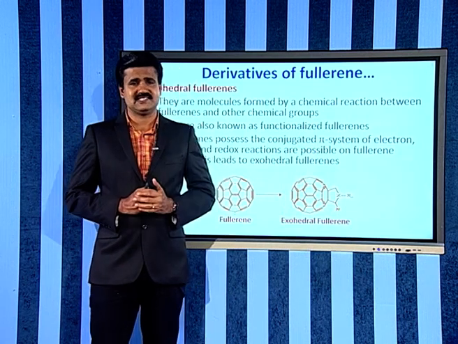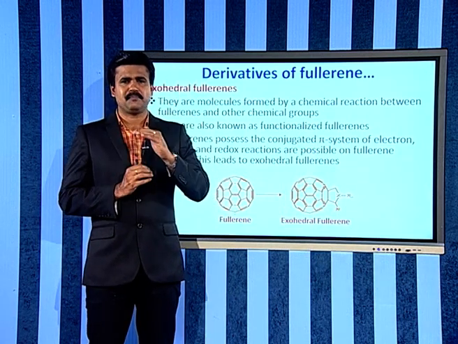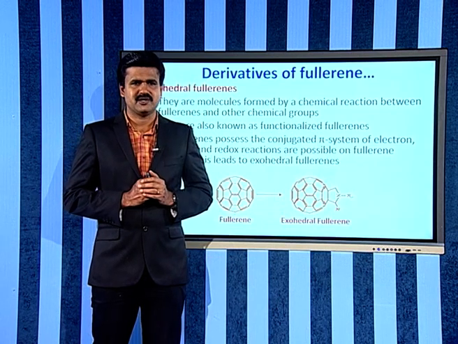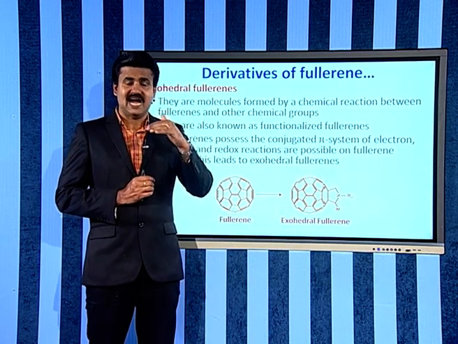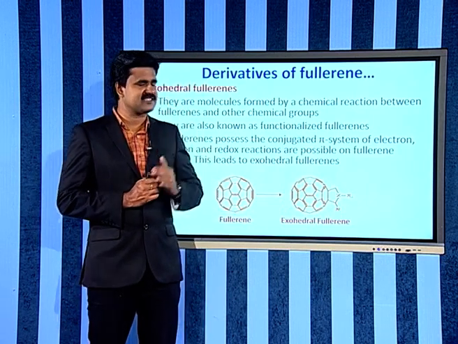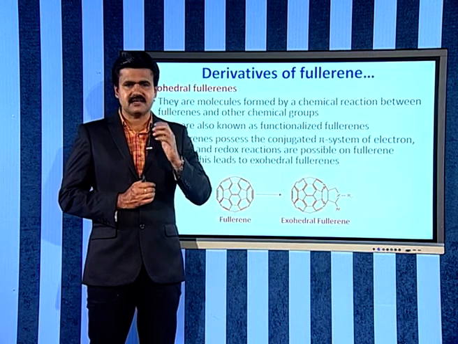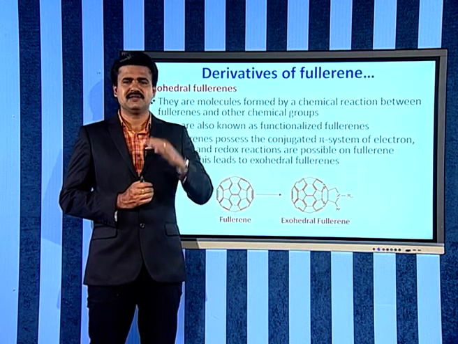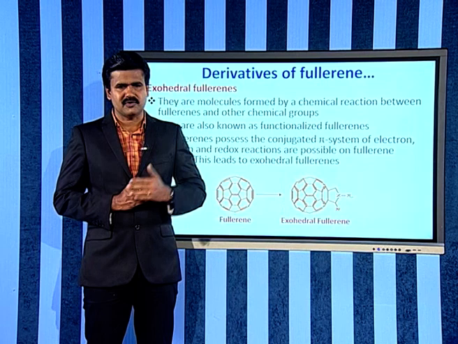As fullerene possesses a conjugated pi system of electrons, addition as well as redox reactions are possible on the fullerene surface, and these reactions lead to the formation of exohedral fullerenes.